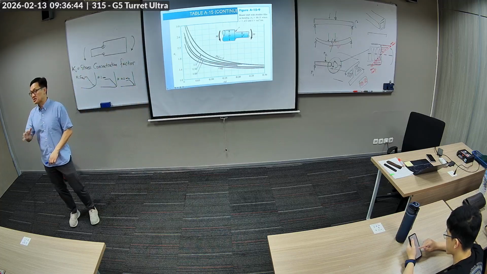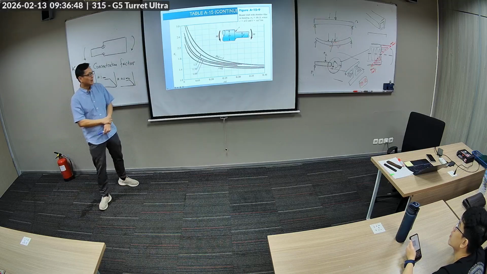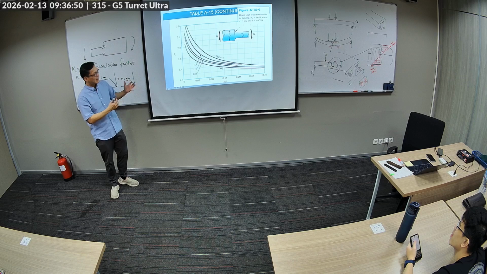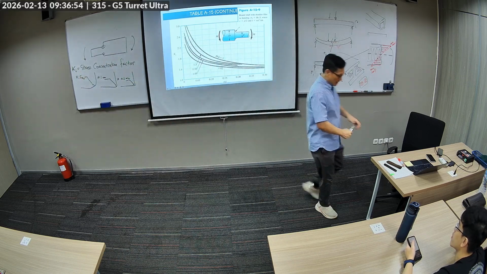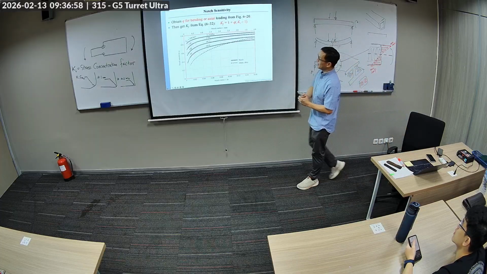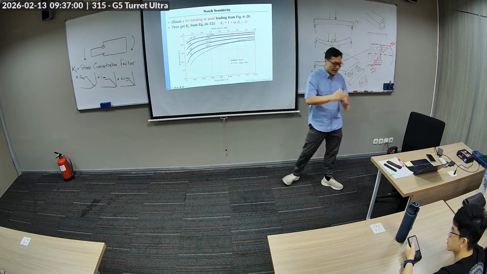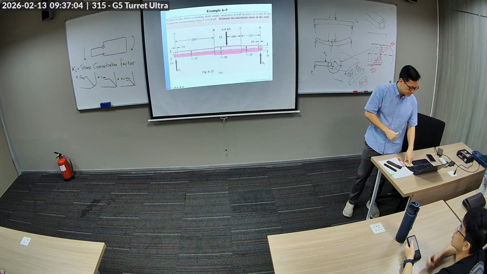The KT is 1.6-ish, just an approximation. So we look up charts like this to determine KT. And this is another chart, for the notch sensitivity, q. Again, it'll be more obvious once we use it.